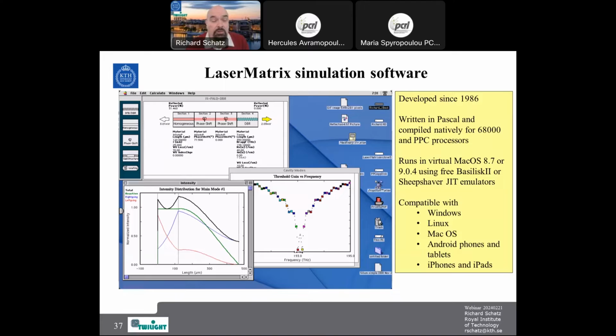Fortunately, there is a free emulator available for all kinds of operating systems. You can run it on Windows, Linux, Mac OS, modern Macs, Android phones and tablets, and iPhones and iPads also. Regardless of what you have, I have it even on my mobile phone.